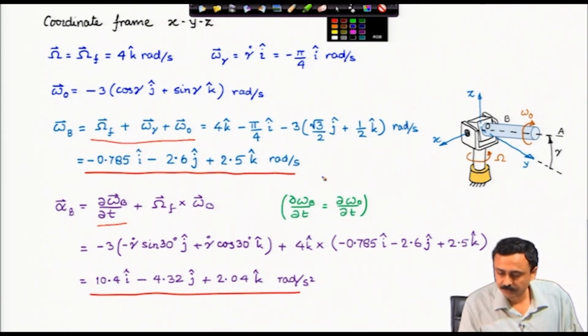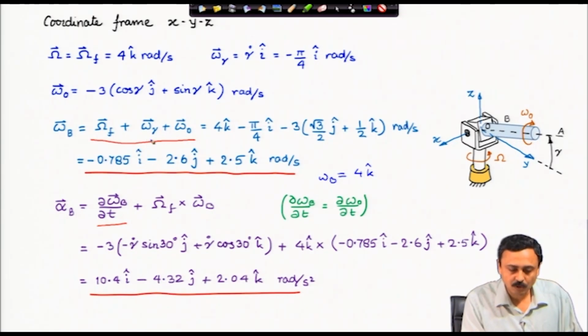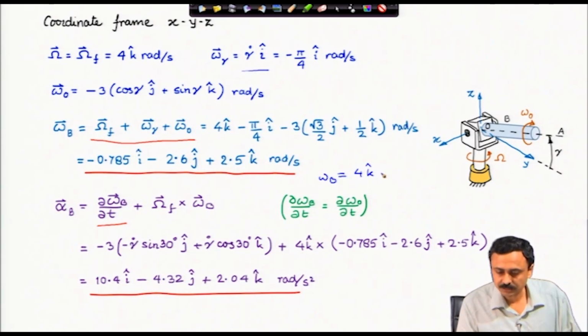Omega of the body is equal to omega frame, which is 4 k cap radian per second, plus omega gamma, which is gamma dot I cap, plus omega naught.